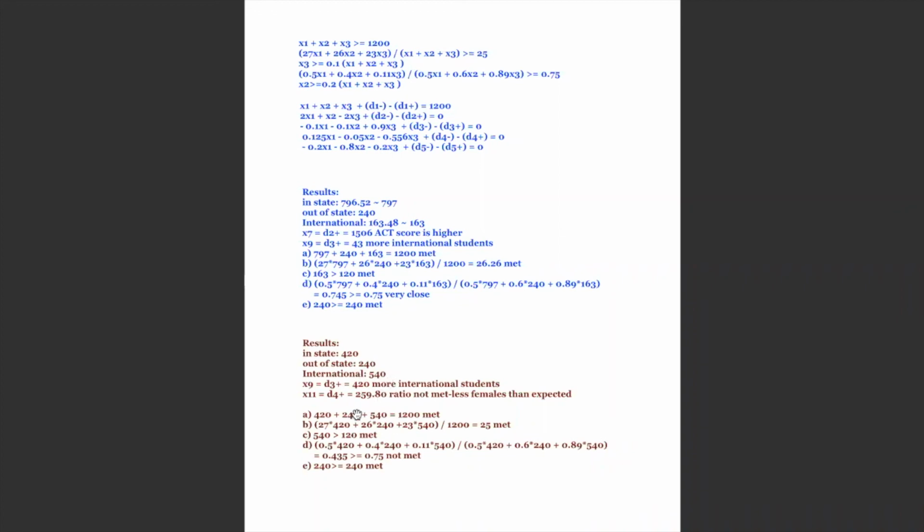ratio. And now for part B, we already did this on our first and second step, and I just took the results from there. So for part B, we're gonna have 420 in-state, 540 international, and 540 international, and the only thing is that here we did not meet the ratio goal.